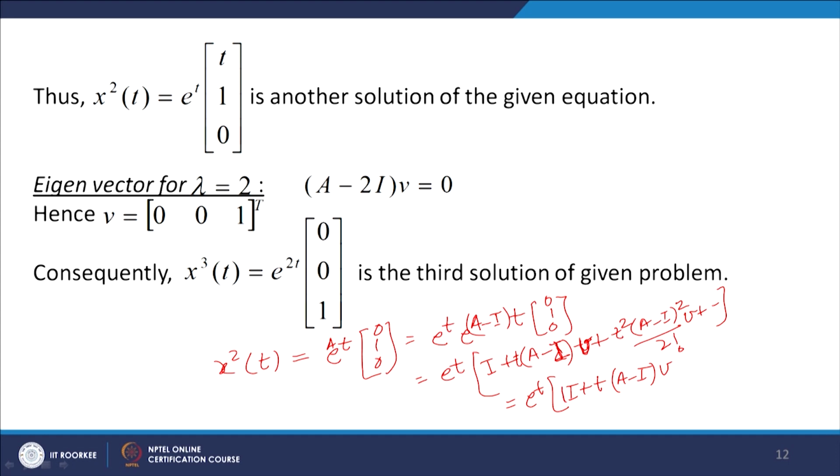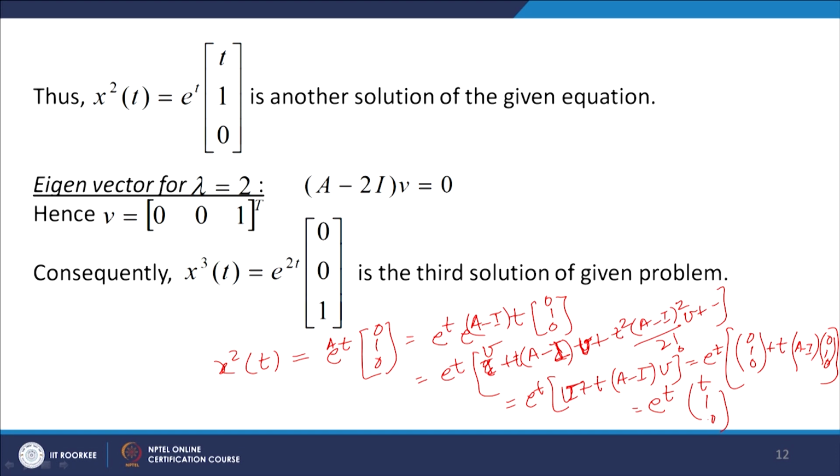Here b is (0, 1, 0). You put the value of A minus I here, and what we get is e to the power t times (t, 1, 0). So e to the power t into (t, 1, 0) is another solution of the equation.